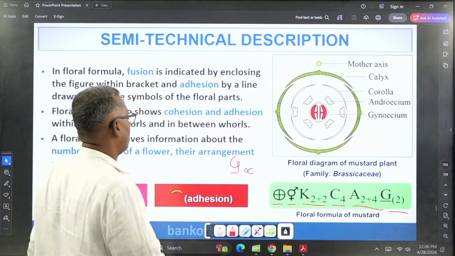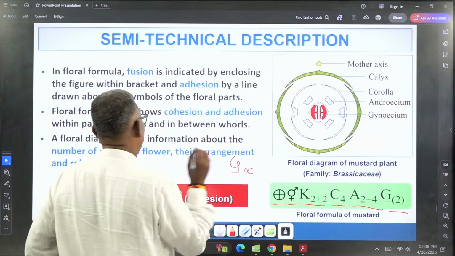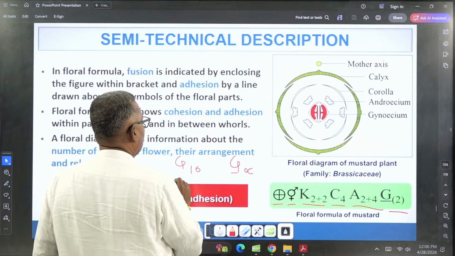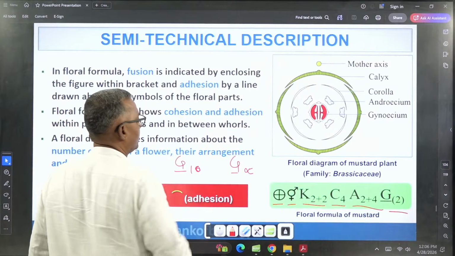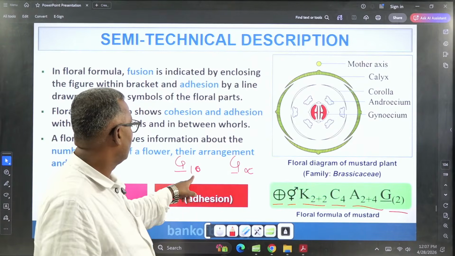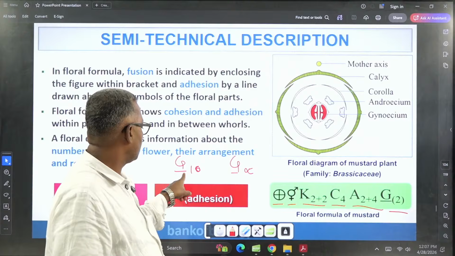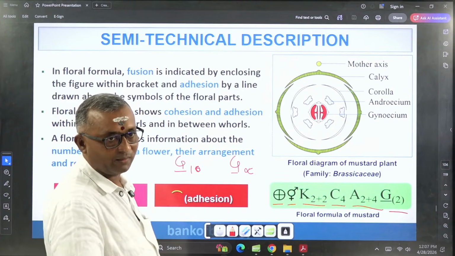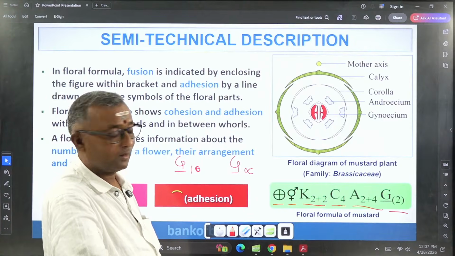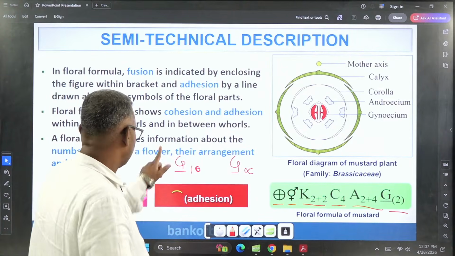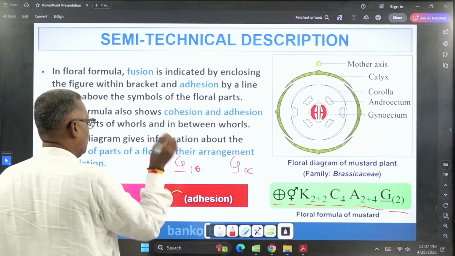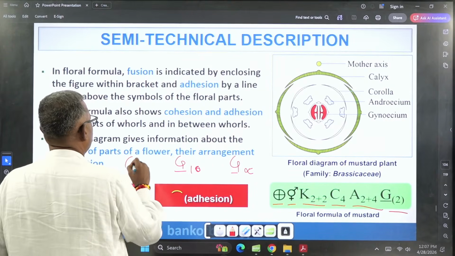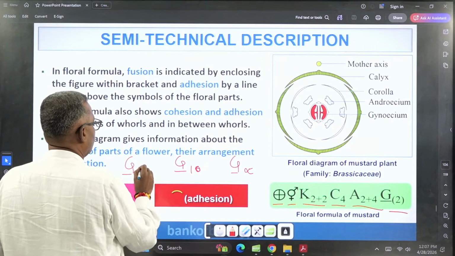Or for example, there are 5 or 10 carpels and there is no fusion. So G hyphen represents superior ovary with 10 carpels and all the 10 carpels are free. Got it? So this is apocarpous. Same thing, if the flower has 10 carpels and all the carpels are fused, then how to write? Say G10 within the bracket.